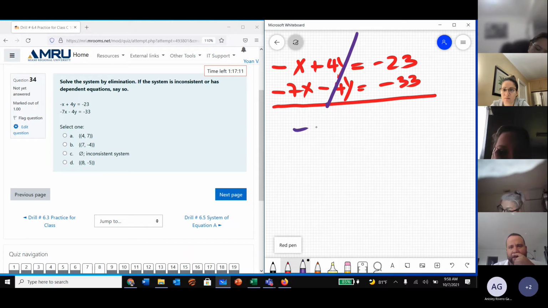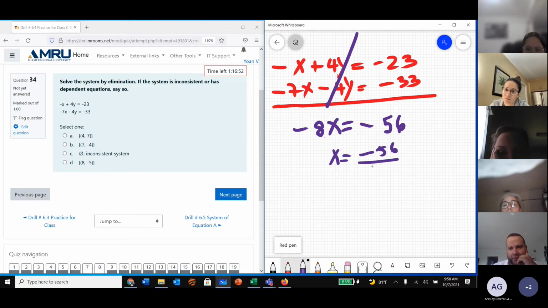And then we have negative 8x equal negative 56, and then we get the value of x, and then we have 56 over negative 8. How much is it? What is the value of x? 7.